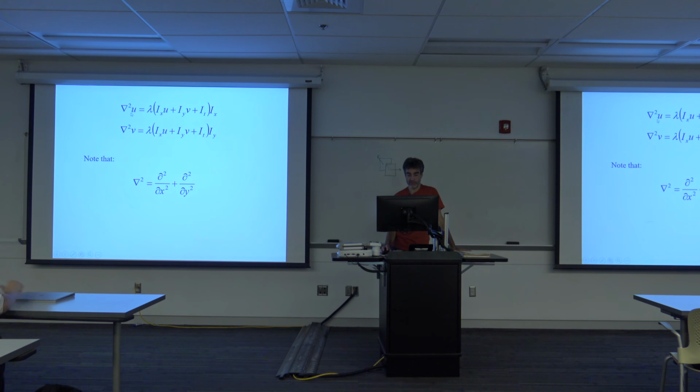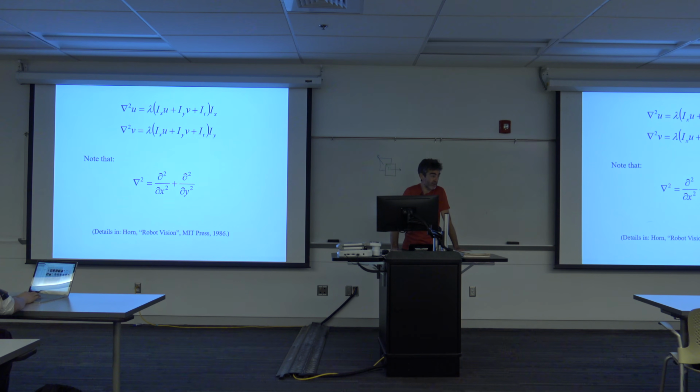The gradients are equal to this, right? And then we can iterate. I have posted in Canvas a chapter from a very old book by Horn called Robot Vision. It was published in '86. It has all the necessary mathematical background and equations to derive this basic formulation.